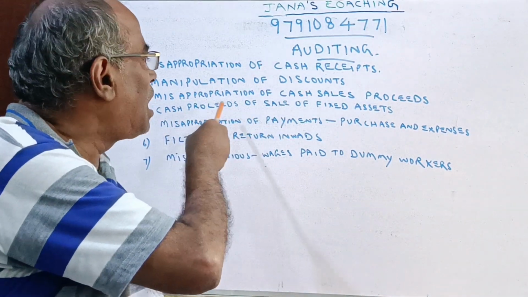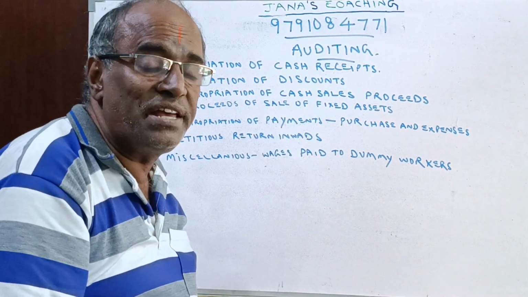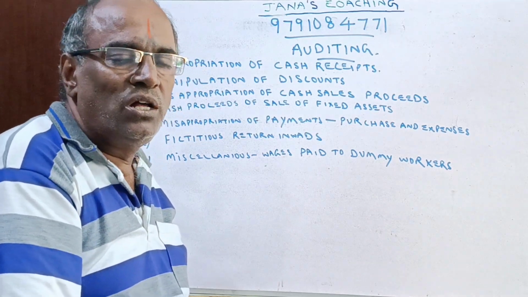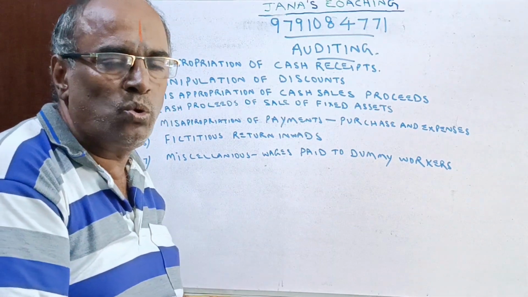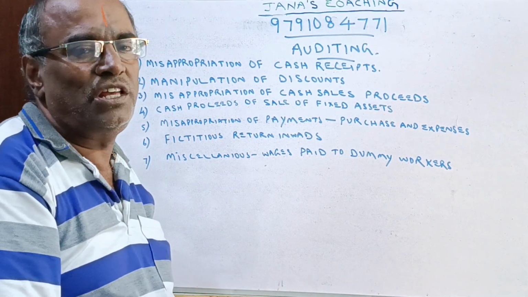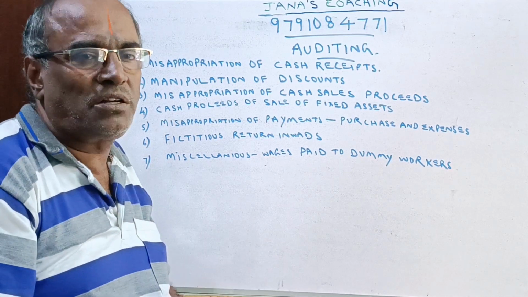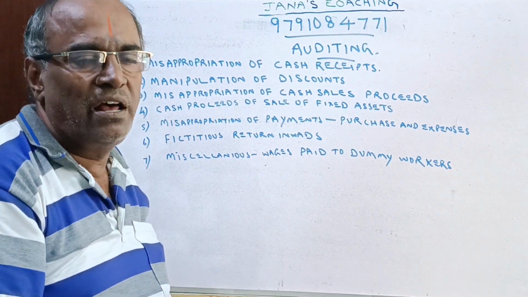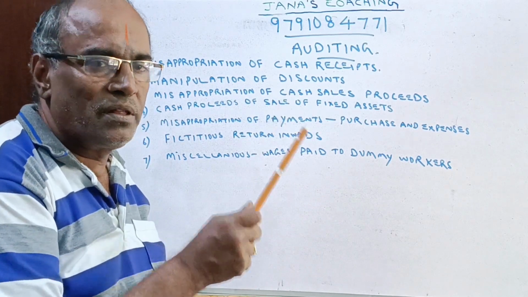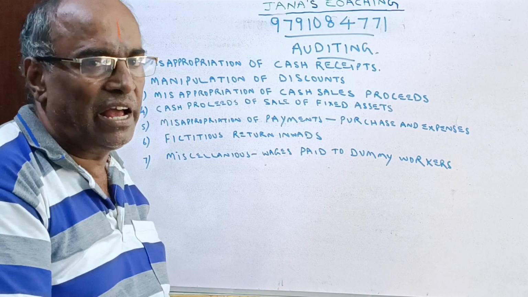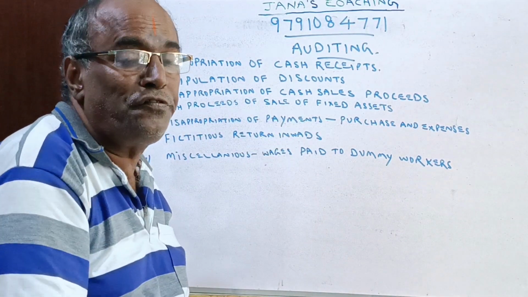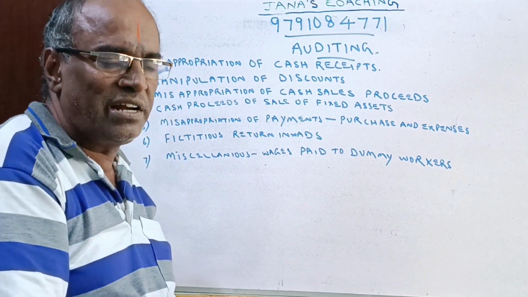Number 3, misappropriation of cash sale proceeds. When a product is sold for cash, the person who is receiving the goods makes the payment to the cashier, and the amount is short accounted by the cashier as a cash receipt. This will be caught by the auditor. Then, cash proceeds of sale of fixed assets.